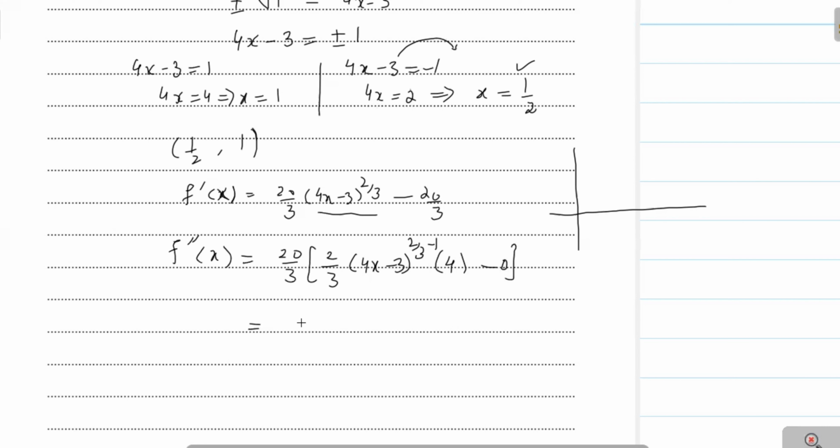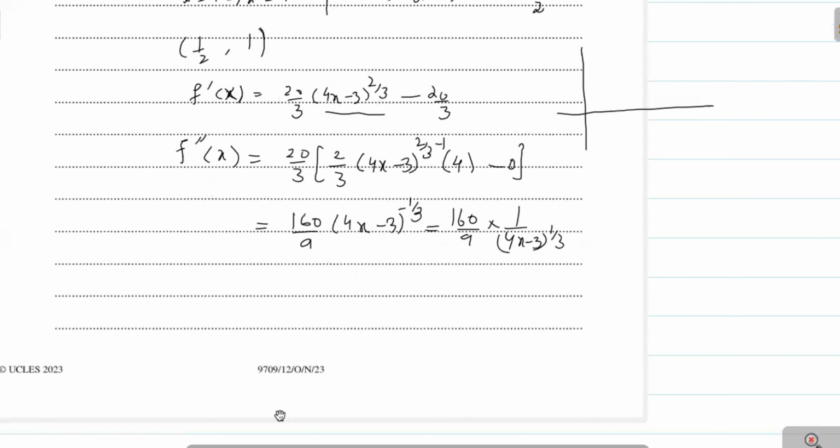Therefore we can write this equation: 4 times 2 is 8, 8 into 20 gives 160 over 9 into 4x minus 3 power minus 1 over 3, which equals 160 over 9 into 1 over 4x minus 3 power 1 over 3.